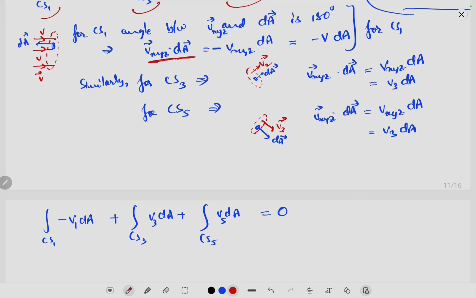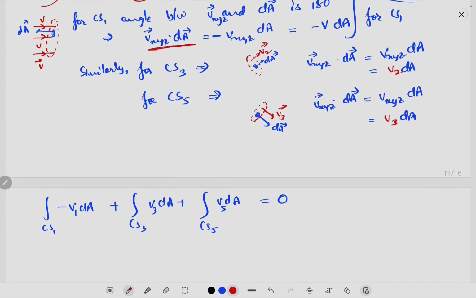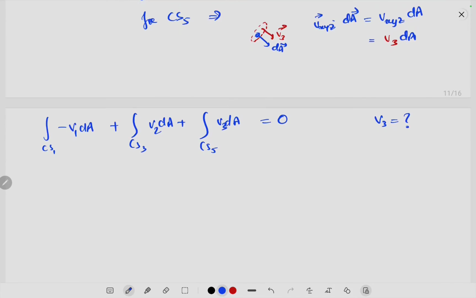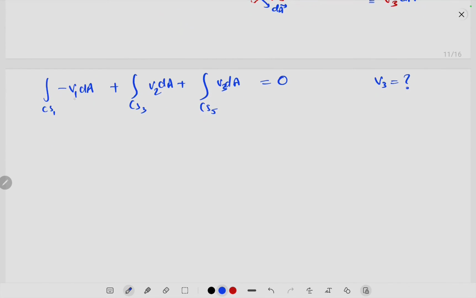So this is V2 and this is V3. V3 is unknown, so we need to find V3 from this equation.